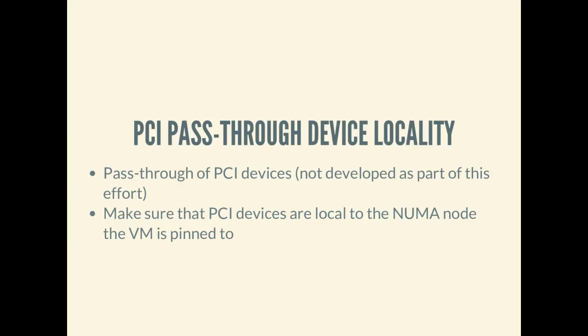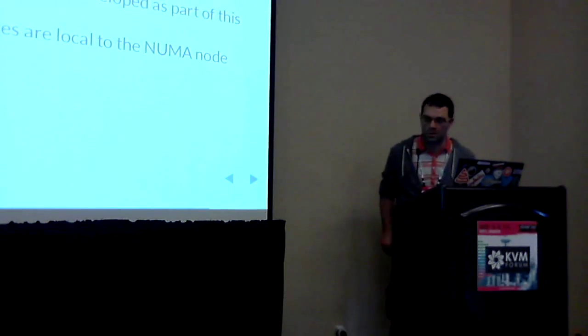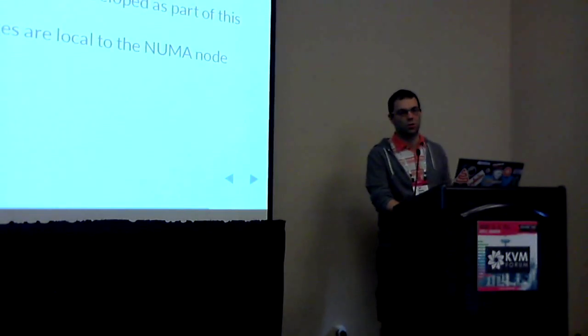So another thing that was part of this whole body of work is PCI device locality, and this is done in such a way that libvirt also lets you expose the NUMA node the device is local to. So we then take this into account when doing placement.